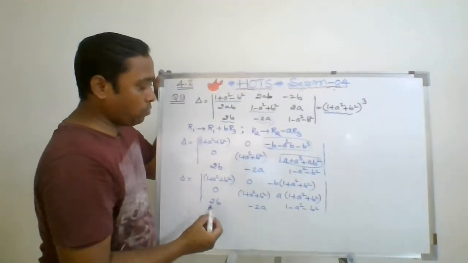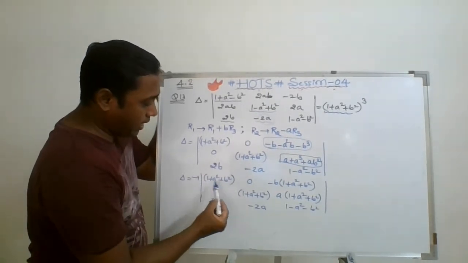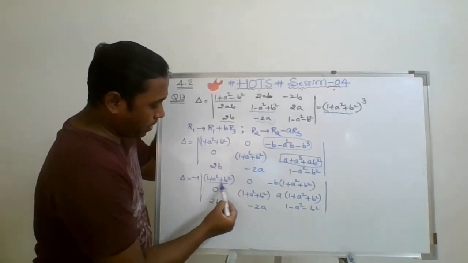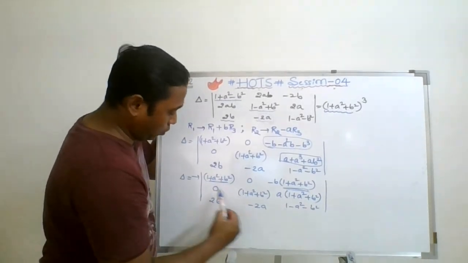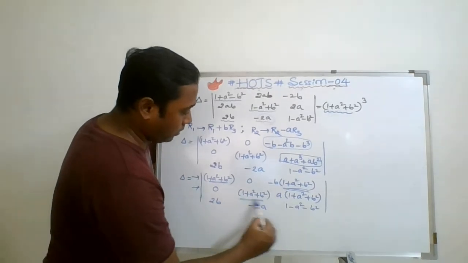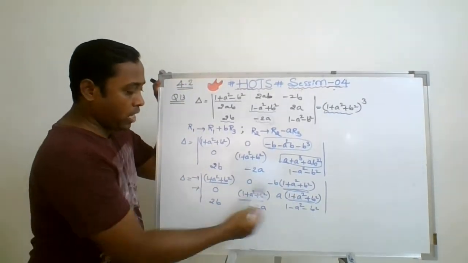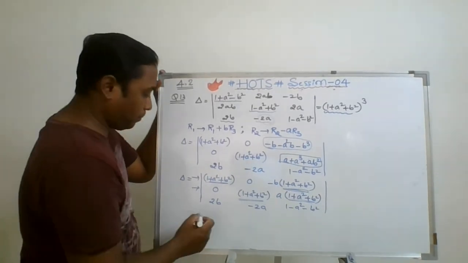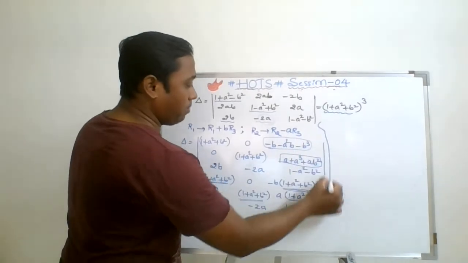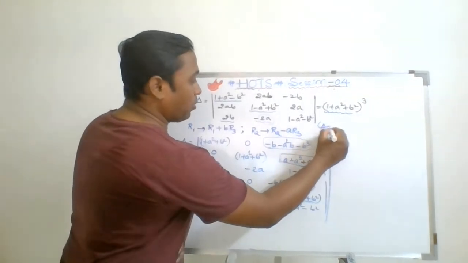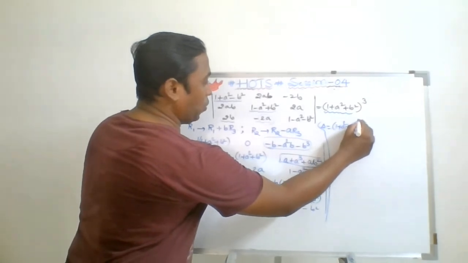Now see how smartly I can finish the question. From row 1, I can take 1 plus a square plus b square as a common factor. From row 2 also I can take 1 plus a square plus b square as a common factor. So 2 times means it becomes what? Finally, delta equals 1 plus a square plus b square the whole square.